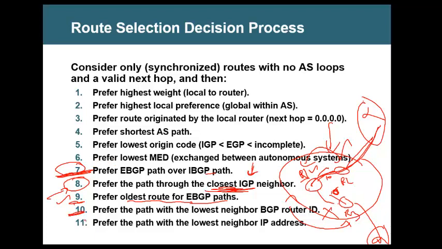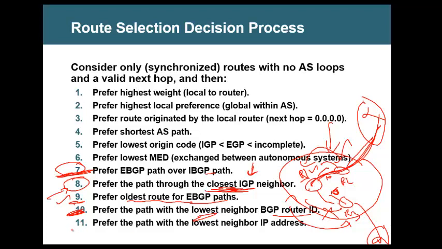In that scenario, it sees whose router ID is lowest. Router 2 has got a router ID. Router 3 also has got a router ID. Whose is lower? It prefers that one. So this will be a tiebreaker. Very rare chance that two neighbors have the same router ID. Very rare. In eBGP there are some chances like that.